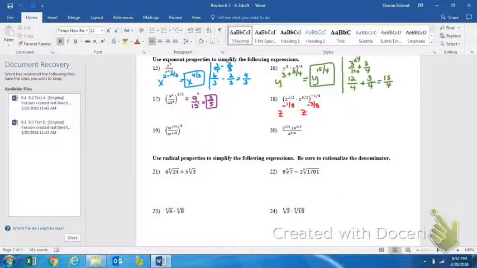I don't like negative exponents, so I'm going to rewrite this as 1 over z to the 1/8 times z to the 3/8.